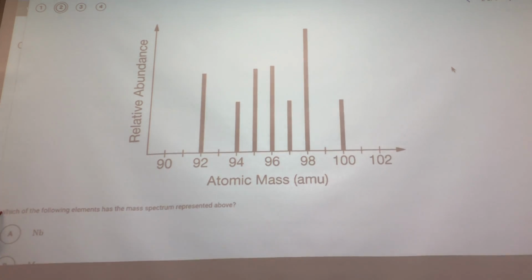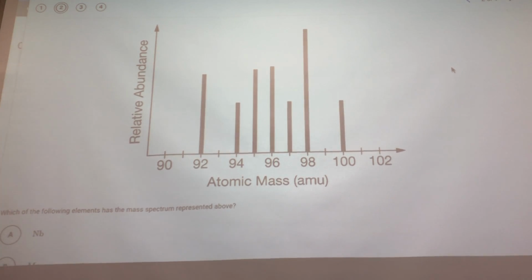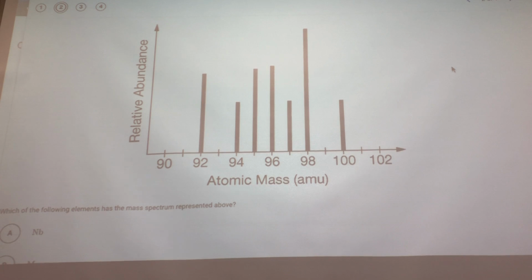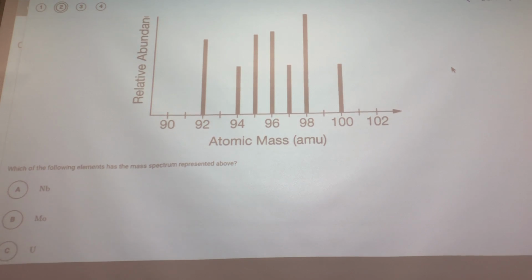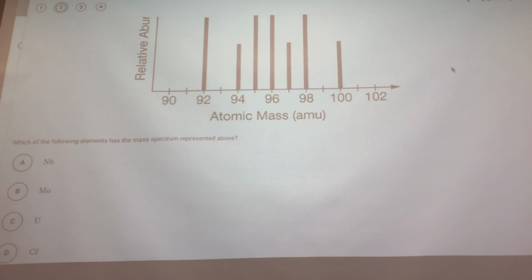Okay, so the question says, which of the following elements has the mass spectrum as shown? Sorry, it's not super screen friendly here, so there's your spectrum, and then those are your options. Once you've come to a conclusion, just keep it in your head.